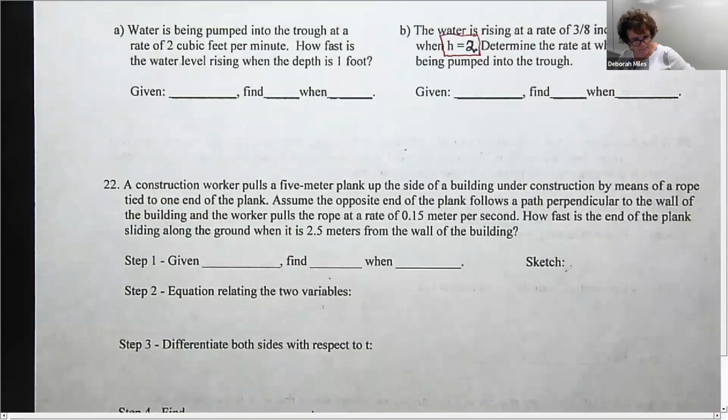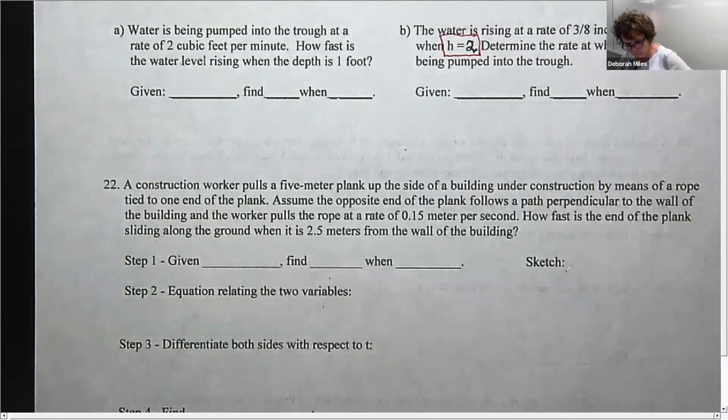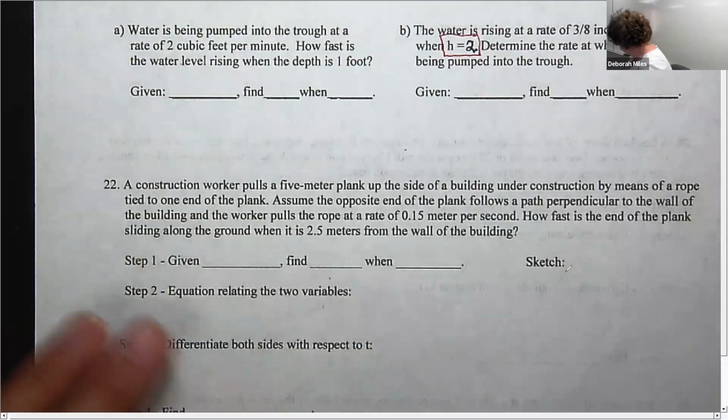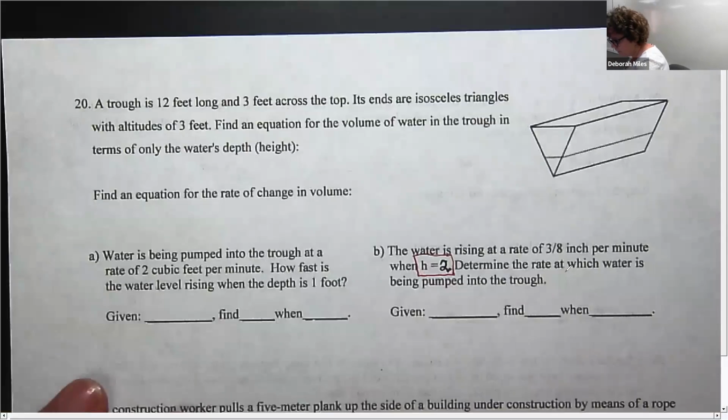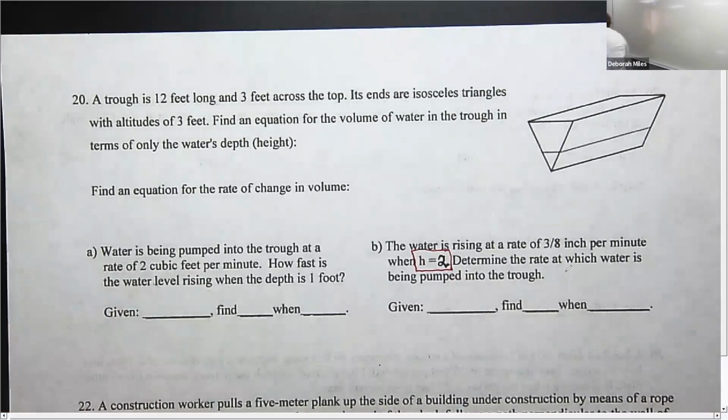Number 20 is our next one. A trough. You grew up on a farm, you know what a trough is. You water your horses and cows in a trough. And that's my very best 3D rendering of one.